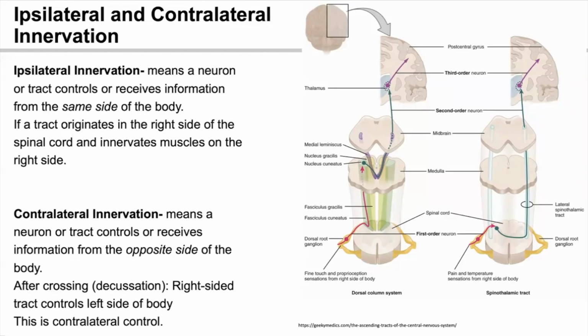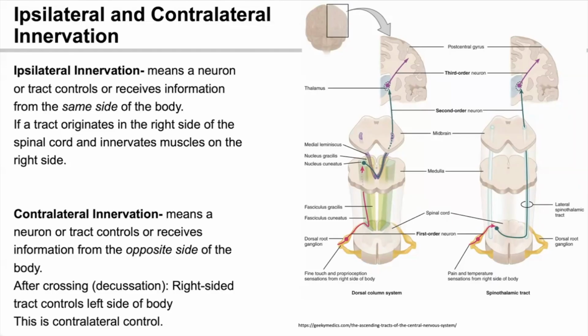As a result, the left side of the brain receives sensory information from the right side of the body and sends motor commands to that side. For example, the left side of the brain receives sensory information from the right side of the body and sends motor commands to that side, while the right side of the brain senses and controls the left side of the body.